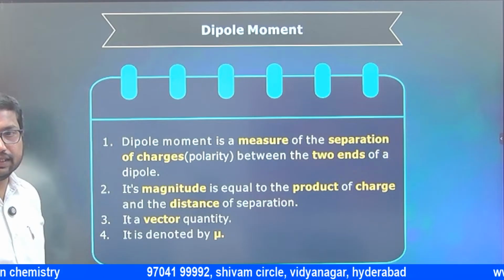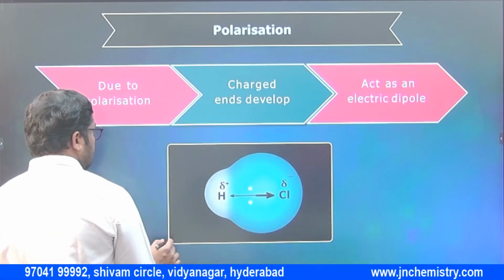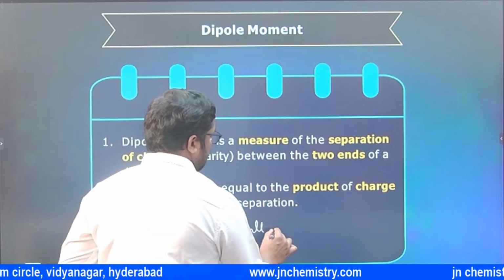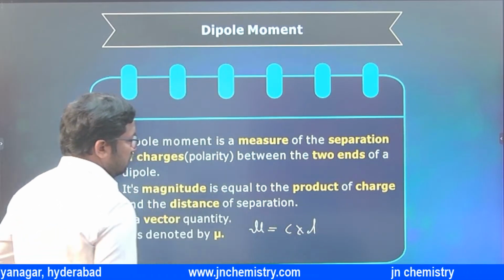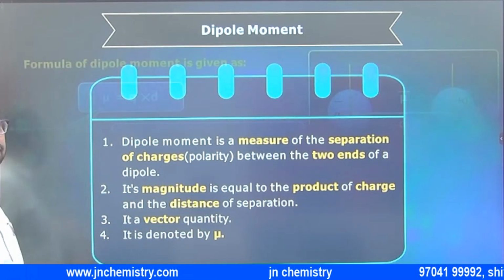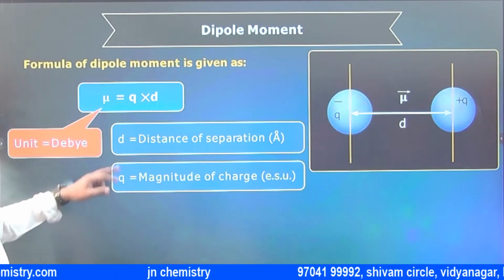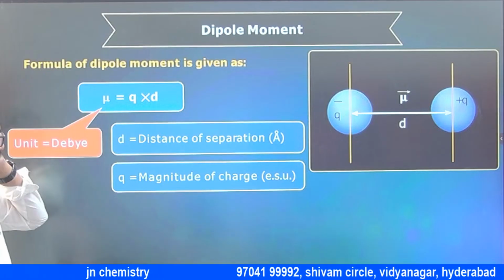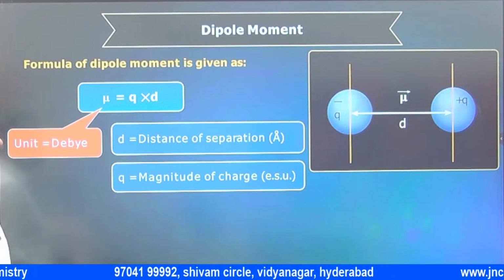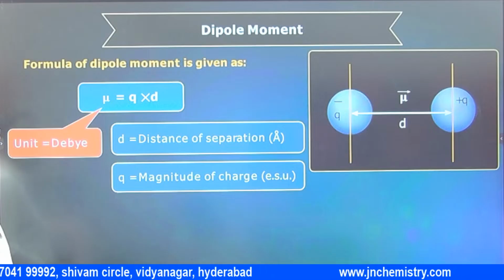It's a vector quantity and denoted by mu. Mu equals Q times D, where mu is the dipole moment, Q is the charge, and D is the distance of separation. The unit is the Debye, or ESU.